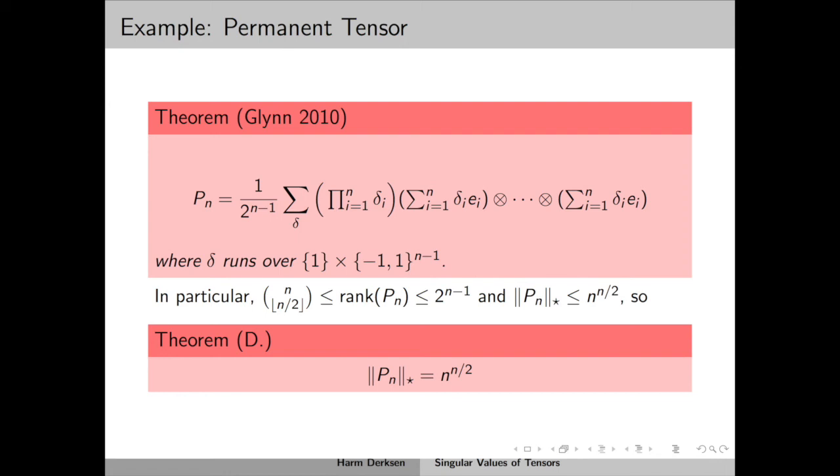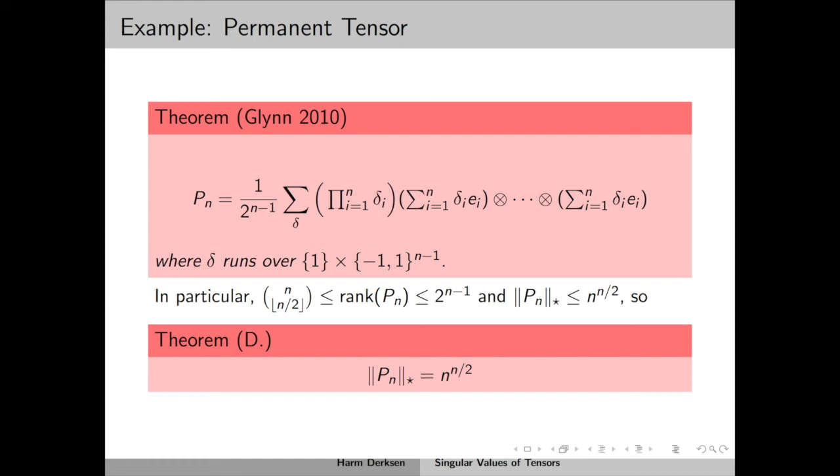We also have a lower bound, but I may not talk about it. But the lower bound kind of shows that we're actually not too far apart from it. The lower bound is, anyway, something like 2 to the power n over square root n. So in this case, we also know the nuclear norm of this permanent tensor, but interestingly, it's different from the determinant tensor.